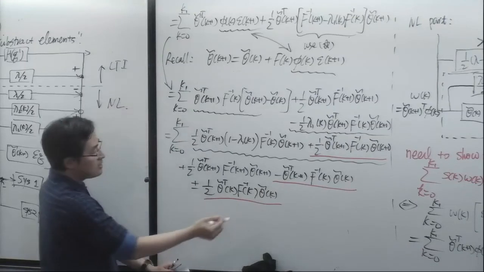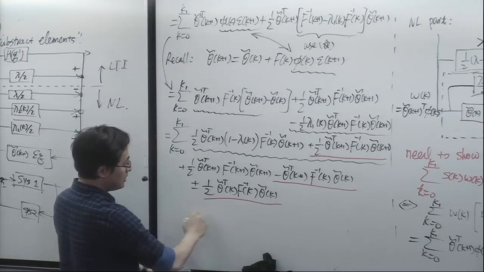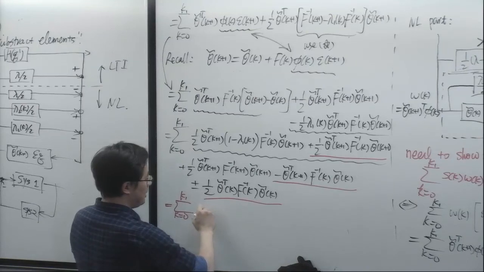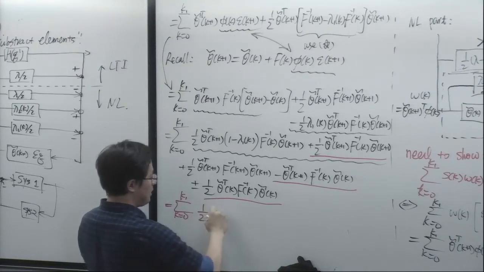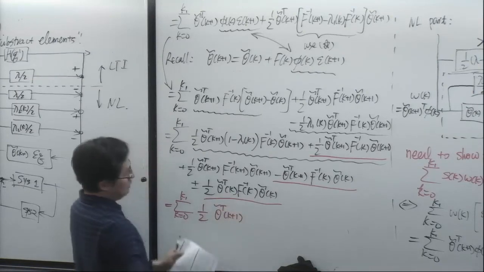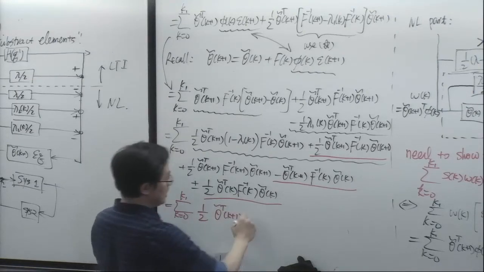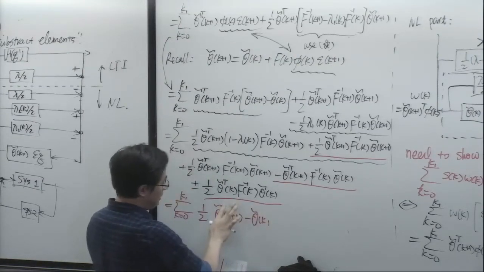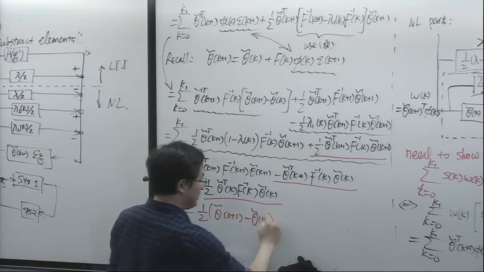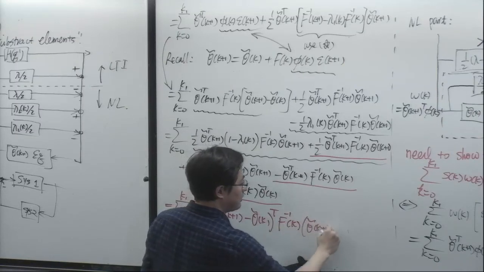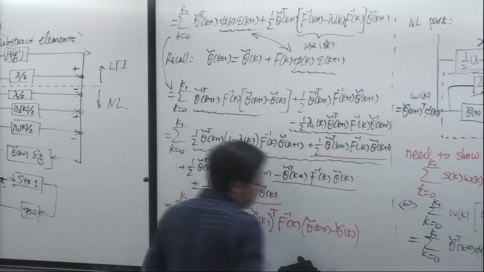Look at this. Can anyone tell me what kind of quadratic formula this will give me? It's going to be something minus theta tilde k, the whole thing transpose, and then this. Right?